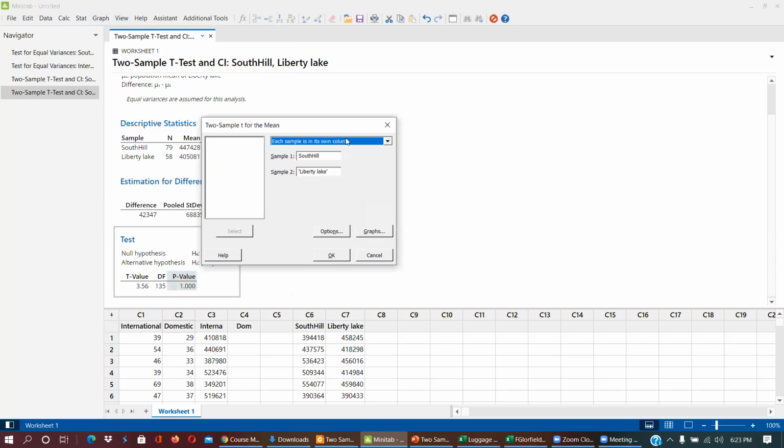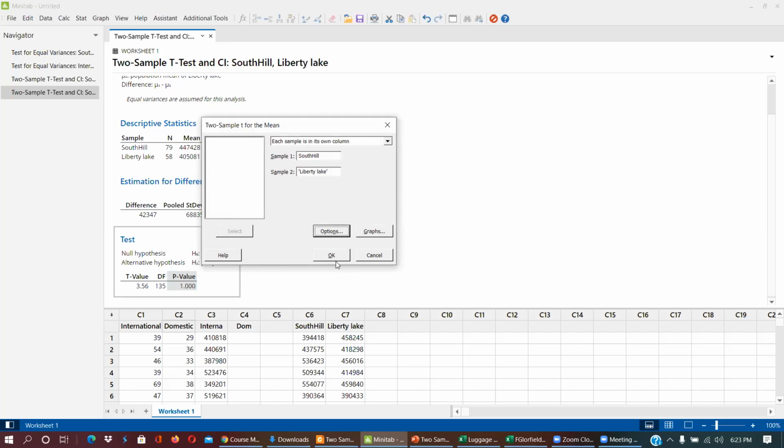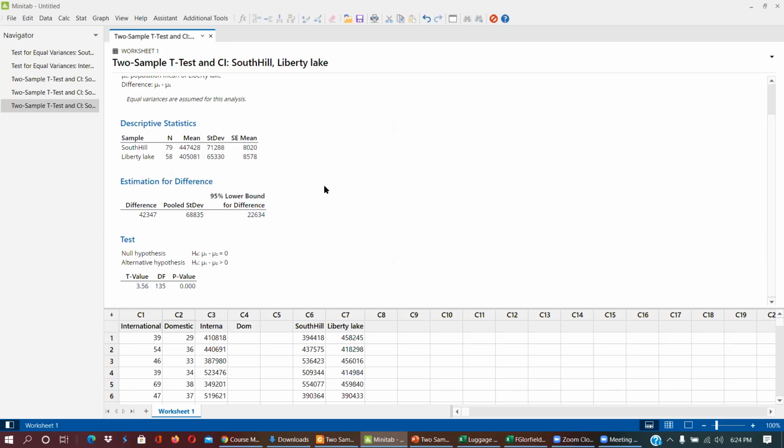Let's look at another way to see this. We don't need to change anything, I only change this: difference is greater than the hypothesized difference, meaning difference is greater than 0. That means this is the alternative. Look at this, and here the p-value is this.